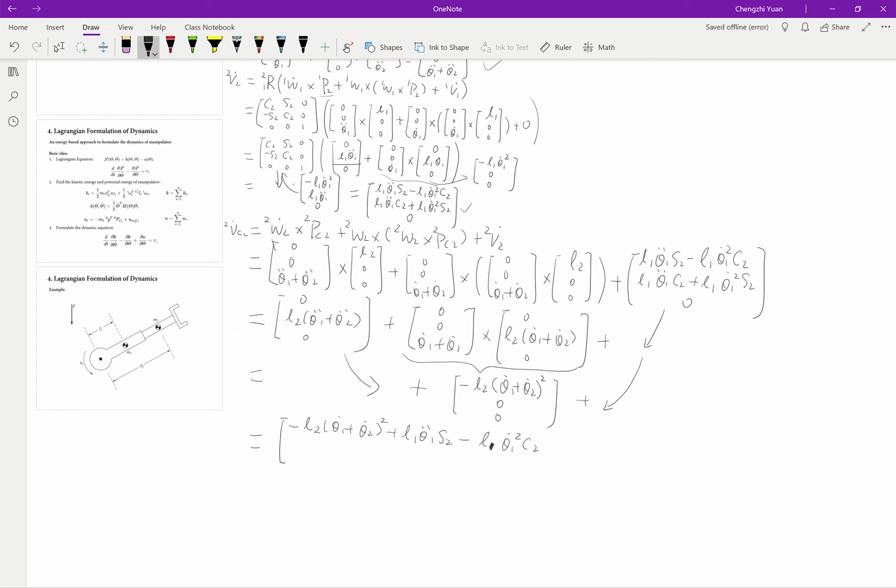Okay, and the second term is L2 (theta 1 double dot plus theta 2 double dot) plus L1 theta 1 double dot C2 plus L1 theta 1 dot square S2, and the last term will be 0.